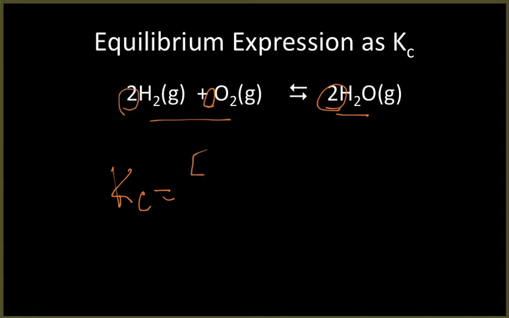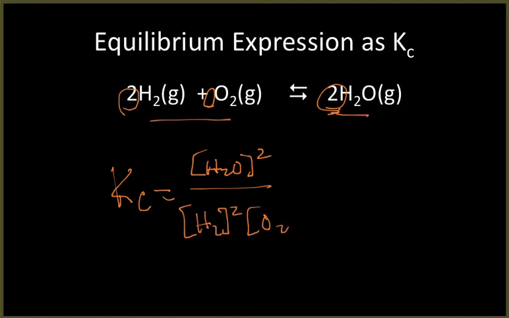So Kc would be H2O raised to the second power because of the 2, over H2 raised to the second, O2 raised to the first. And remember, when you're doing these, you only include aqueous solutions and gases. You do not include pure solids and pure liquids.